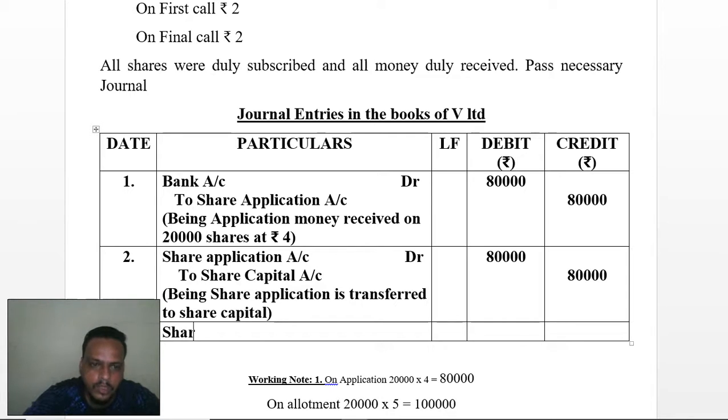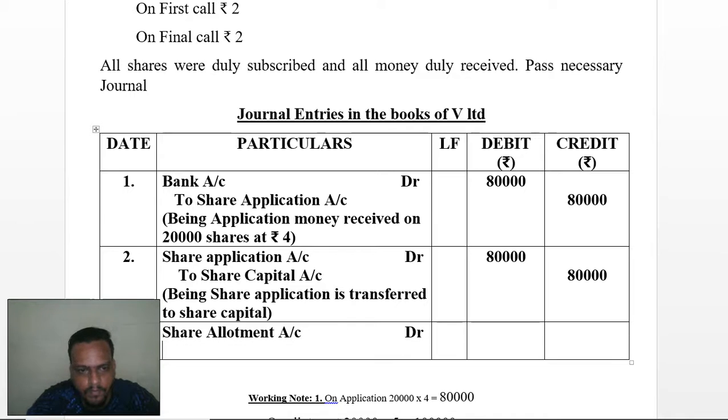Let's begin with share allotment account debit, to share capital account.